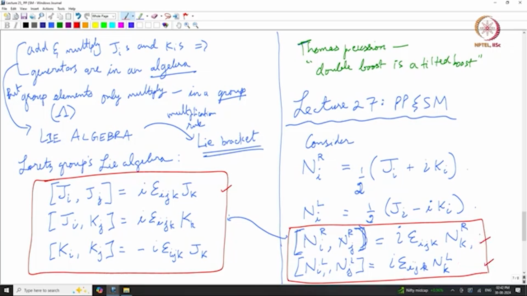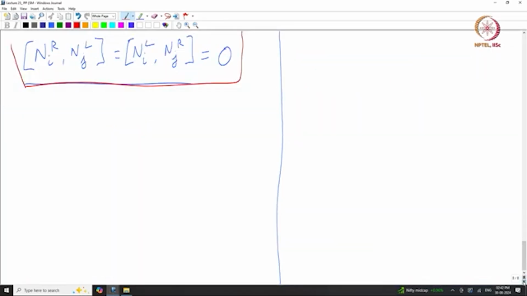And in case you didn't think they were independent, if you try to mix them up, you get a 0, just to show you that they are indeed independent, correct?